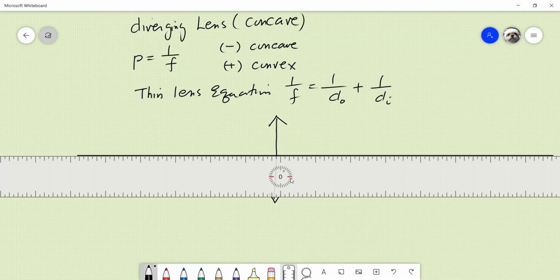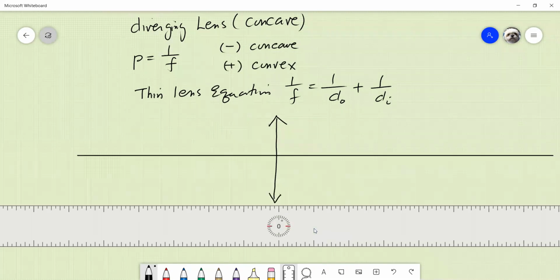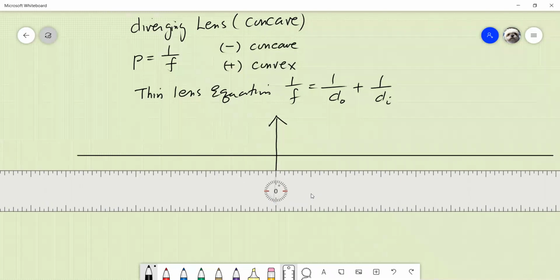Now then I am going to introduce my focal point. Let's say my focal point is 6 units from here.